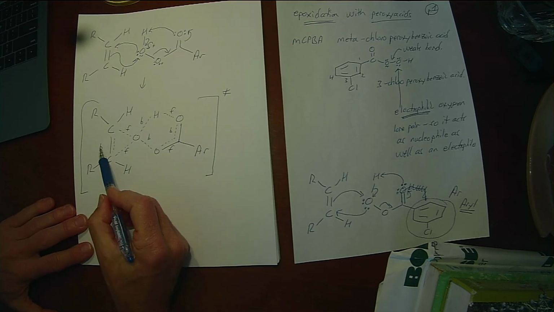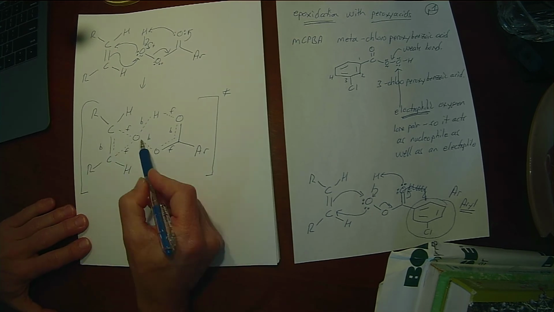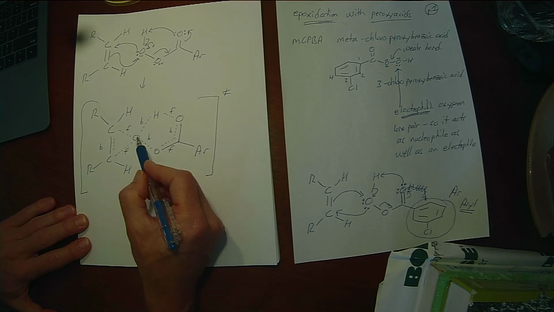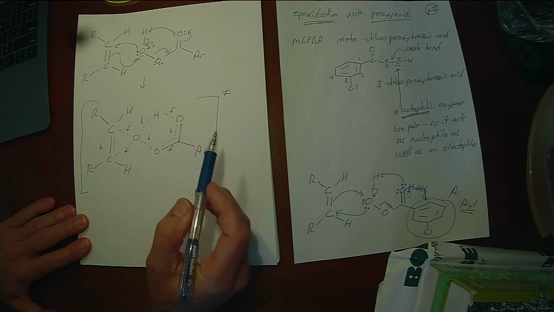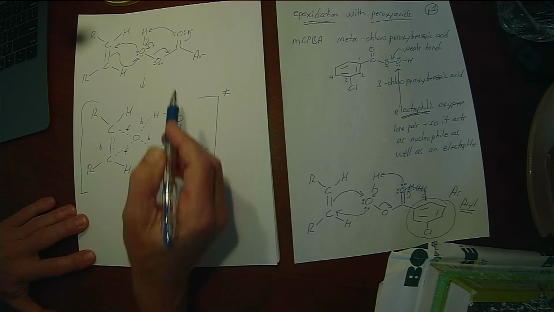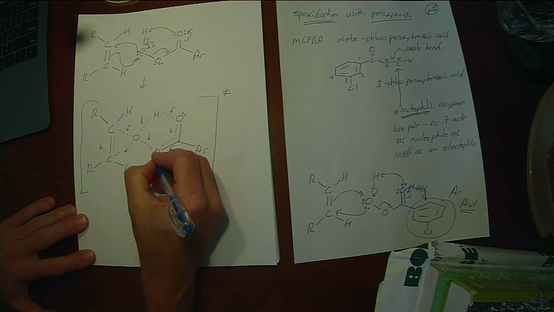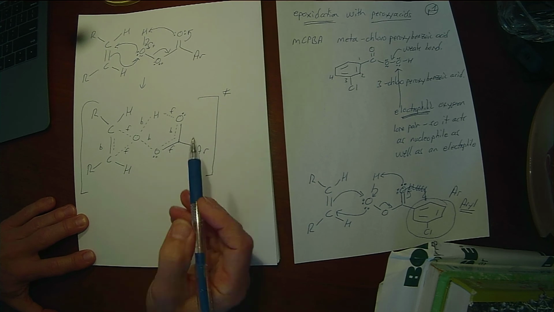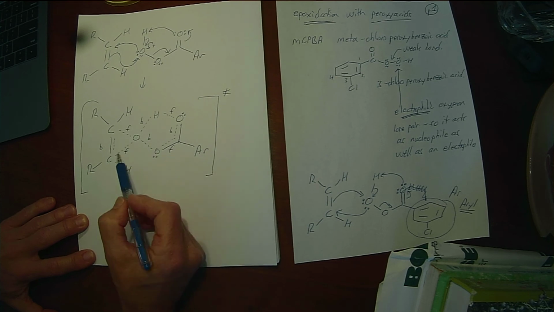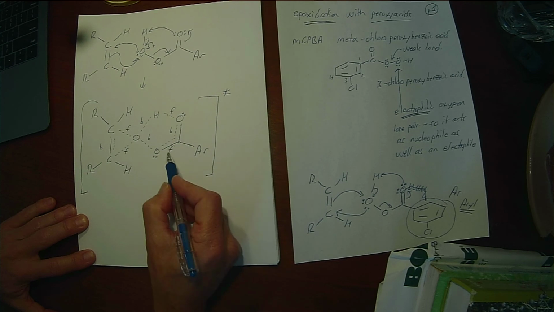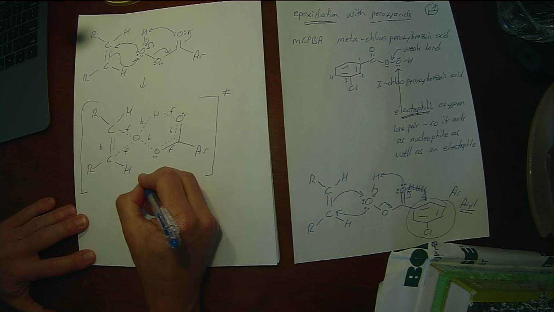Breaking 4 bonds: the carbon-carbon pi bond, the oxygen-oxygen sigma bond, which is weak, the oxygen-hydrogen bond from the peroxy acid, and the carbonyl pi bond. And we are also forming 4 bonds: carbon-oxygen bonds for the epoxide, a new OH bond here, and the pi bond on the other side.